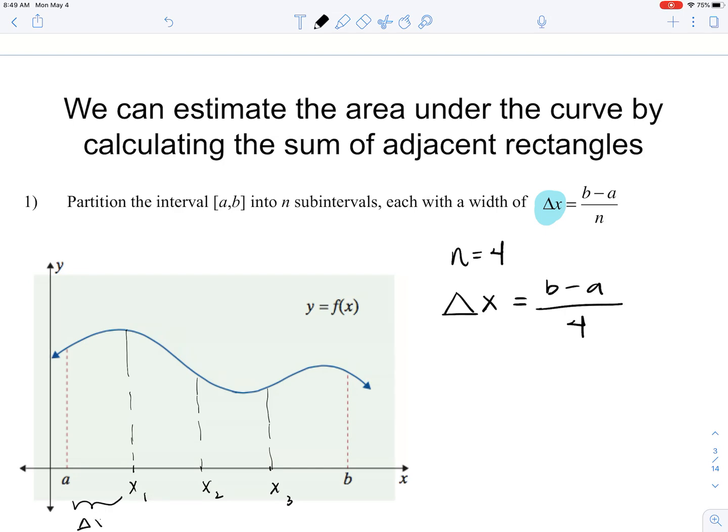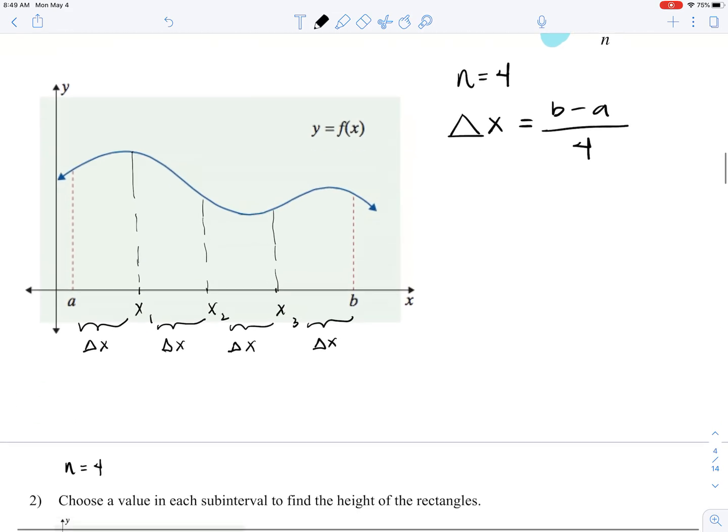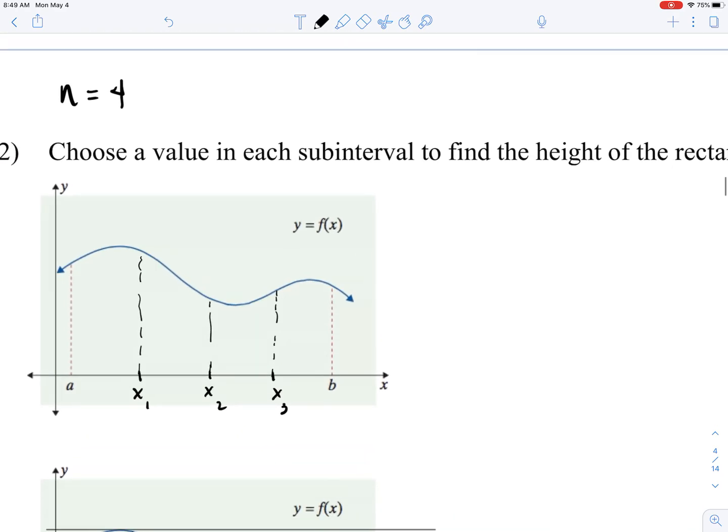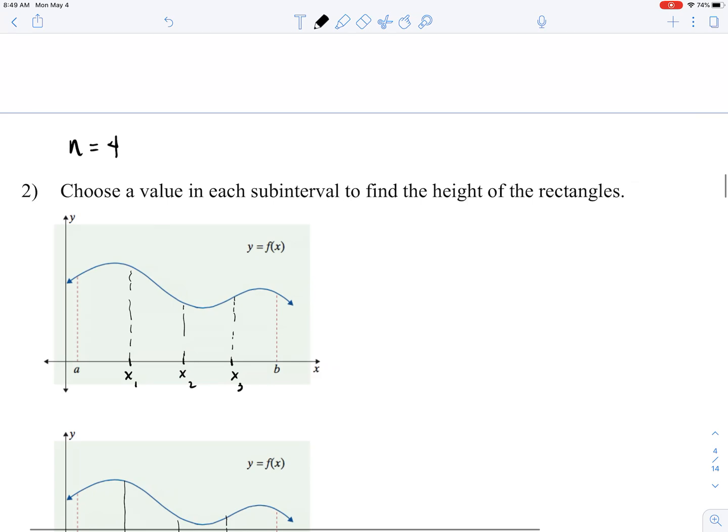So if I wanted to find the width of each subinterval, I would take b minus a and divide it by 4. So this width here would be a length of delta x. This width would be a width of delta x. So the width of each subinterval is delta x.